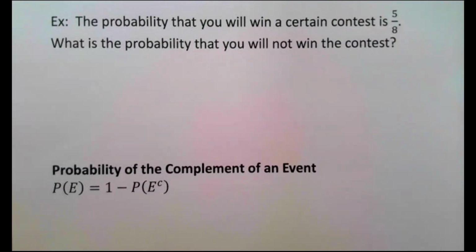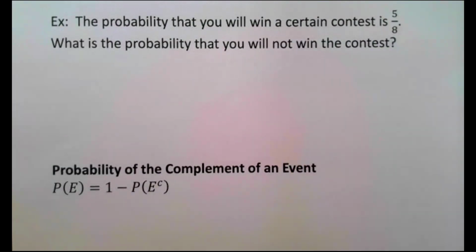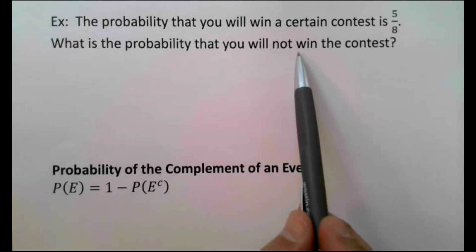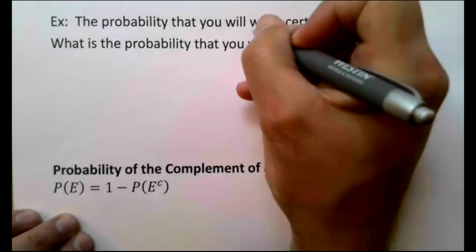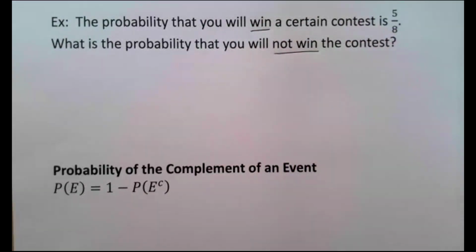This problem says the probability that you will win a certain contest is 5 out of 8, 5/8. 5 out of every 8 times you win. So then what's the probability you will not win? So win versus not win. We are told the probability of us winning. We are being asked the probability of us not winning.